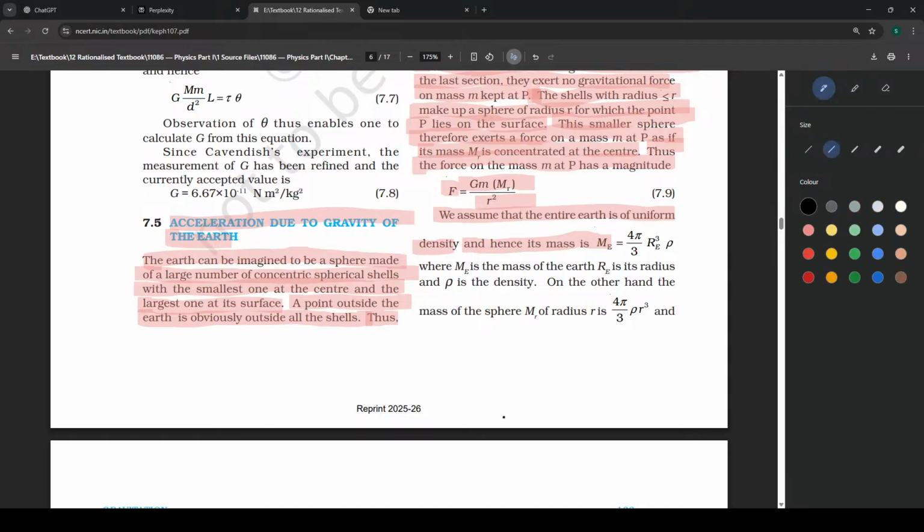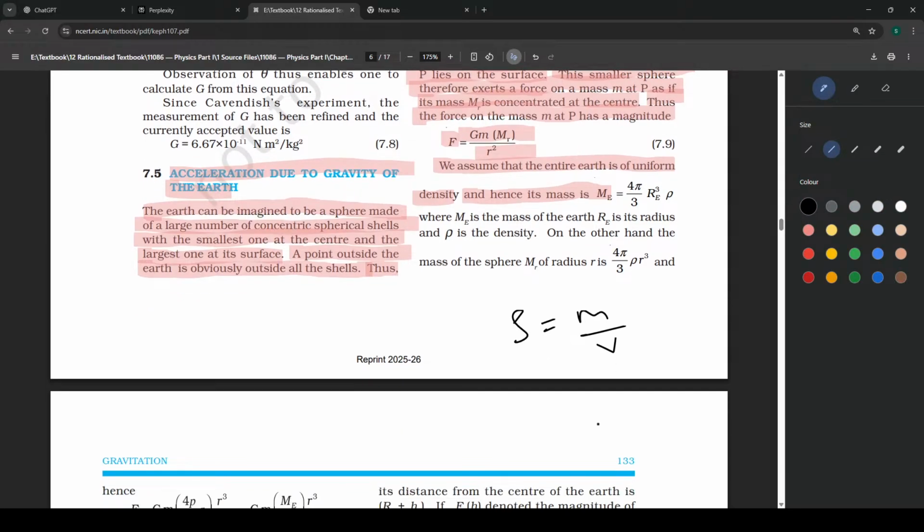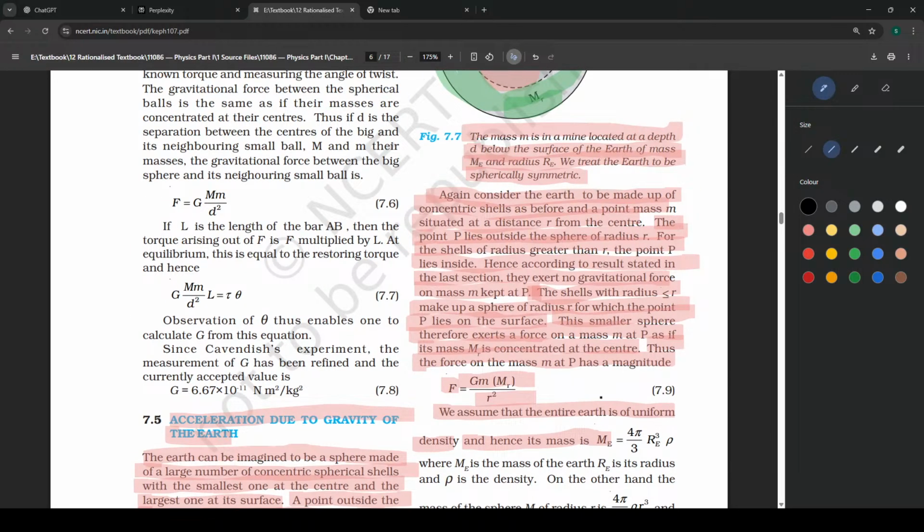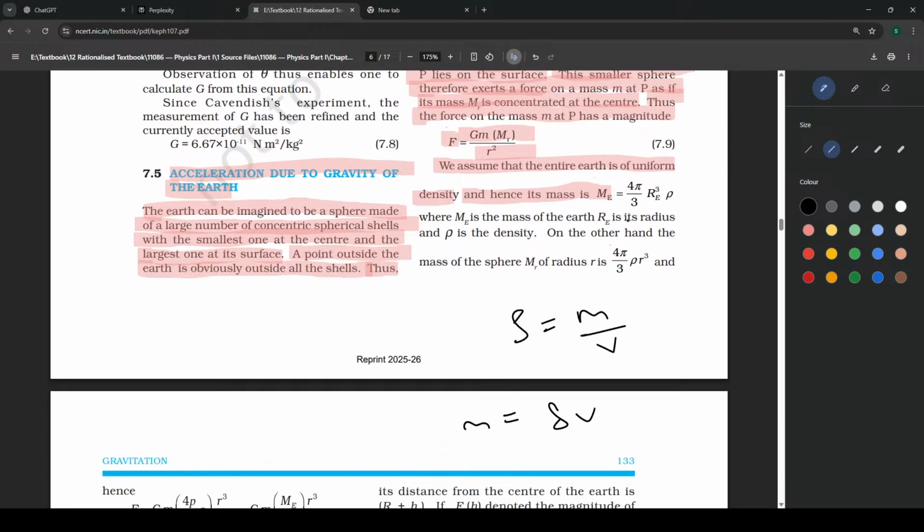Basically, we know that rho is density, rho equals mass by volume, hence mass equals rho times V, the volume of the Earth, 4 pi by 3 Re cube, where Me is the mass of the Earth, Re is its radius, and rho is its density.